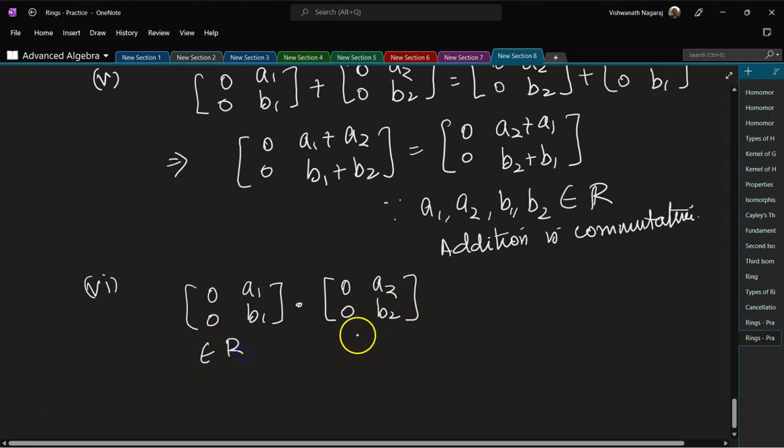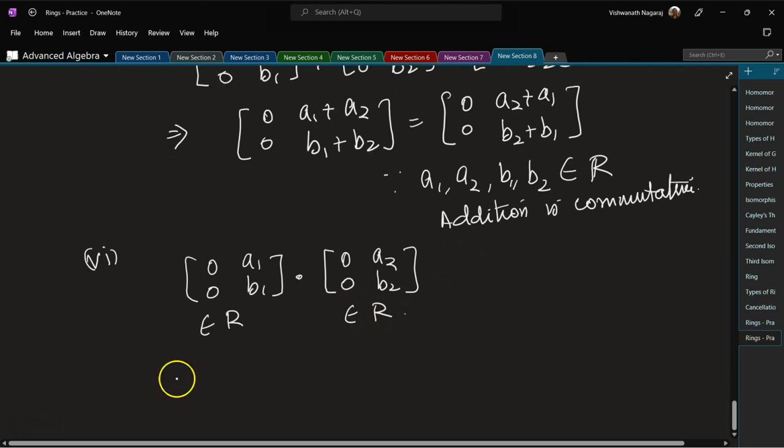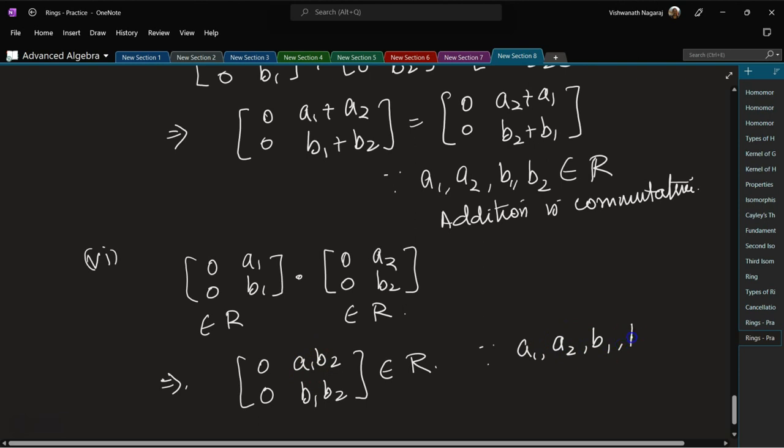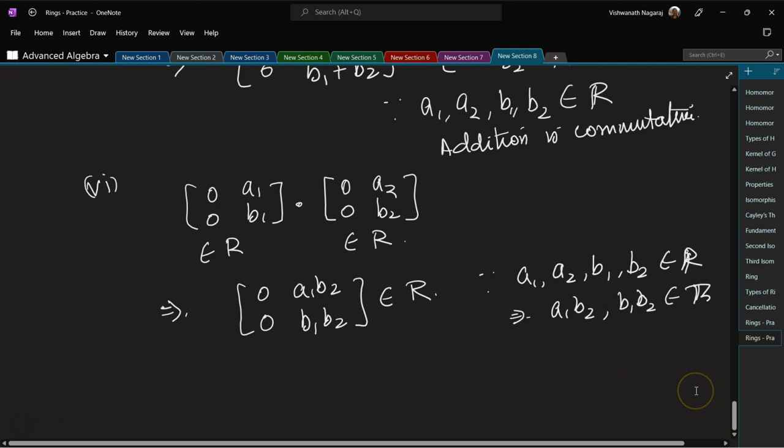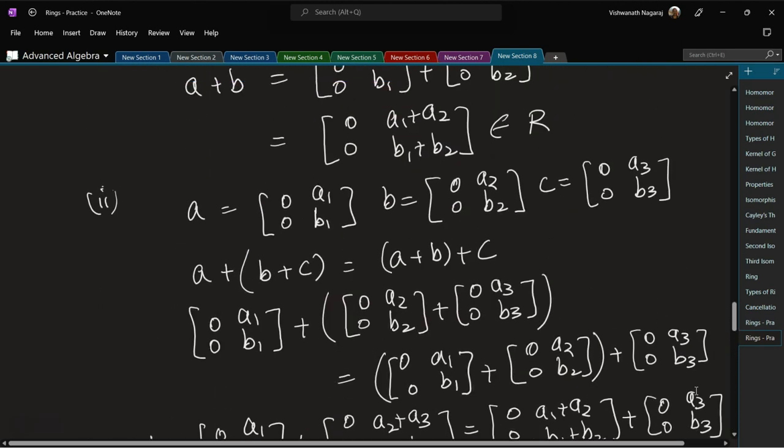This belongs to R, this belongs to R. We have to show that the result also belongs to R. So let's multiply it: [0, 0; A1 B2, B1 B2], and this also belongs to R because A1, A2, B1, B2 belong to the set of real numbers, which implies that A1 B2 and B1 B2 also belong to the set of real numbers. So that means it is closed under multiplication.